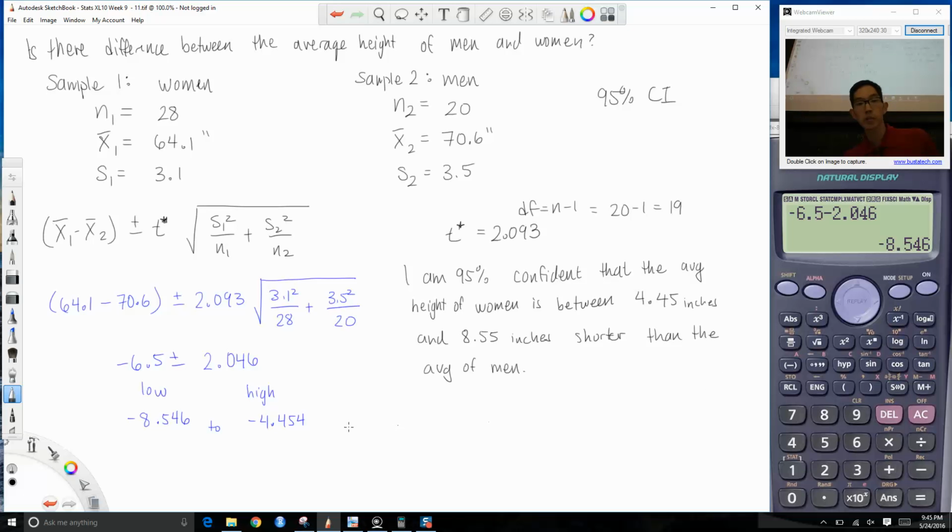Are we okay with going from our interval to our statement here? Okay, so is 0 inside our interval? No, our entire interval is like really negative, okay? So 0 is not in the interval.